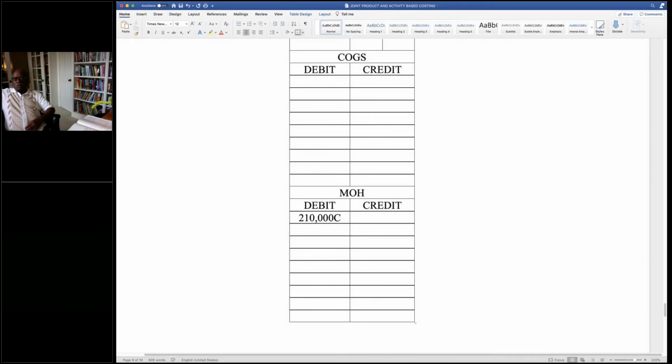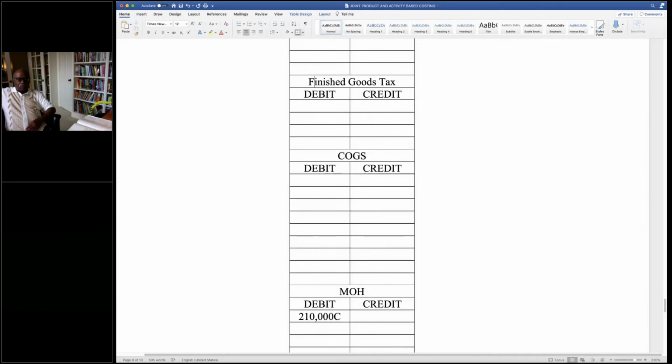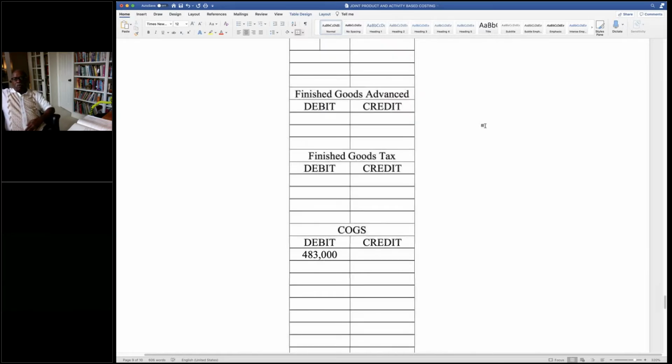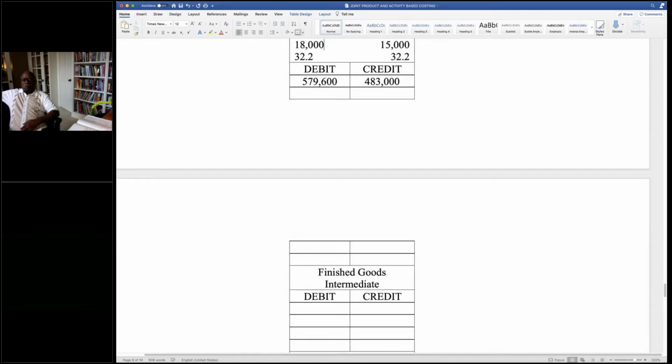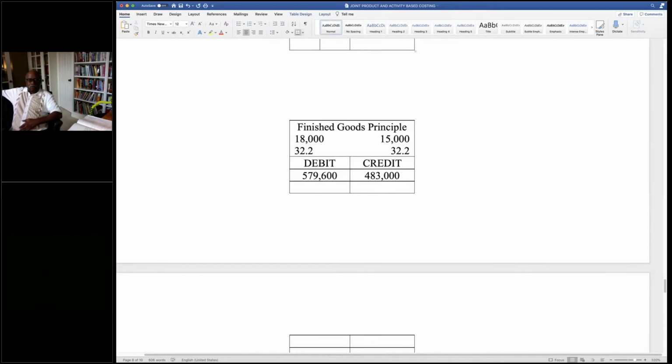And I guess while you're right there, we need to match that credit with the debit of 483 in the cost of goods sold T chart so that everyone has a match. And that's where we got the 483 from, the finished goods T chart in the credit side.